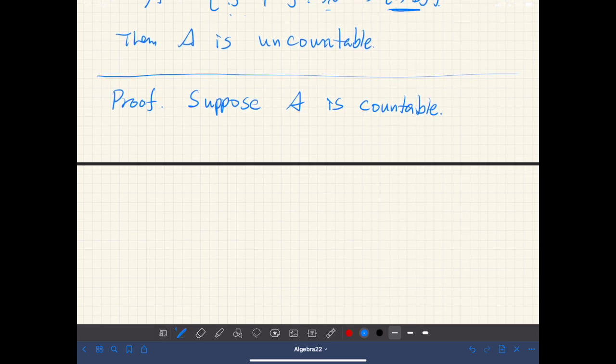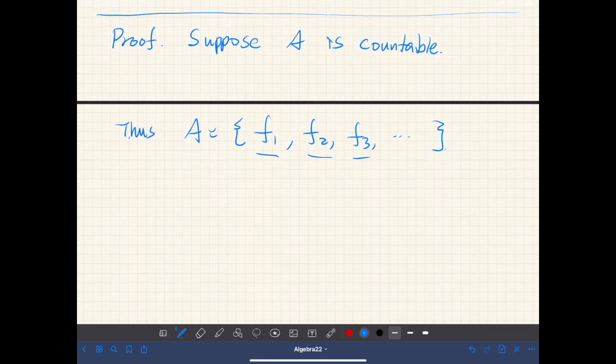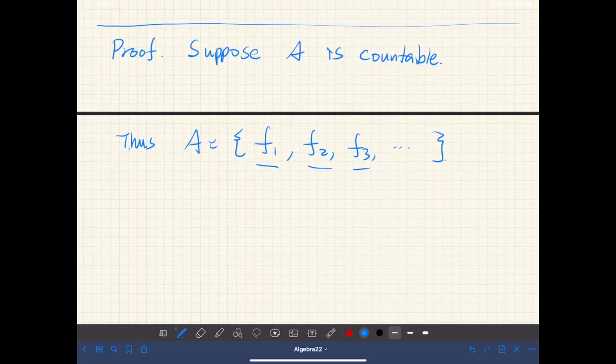Thus, all the elements of A can be enumerated like f1, f2, f3 and so on. Each of these is a mapping from natural numbers to {0, 1}. So if you feed any natural number to any of these functions, it will return either 0 or 1.